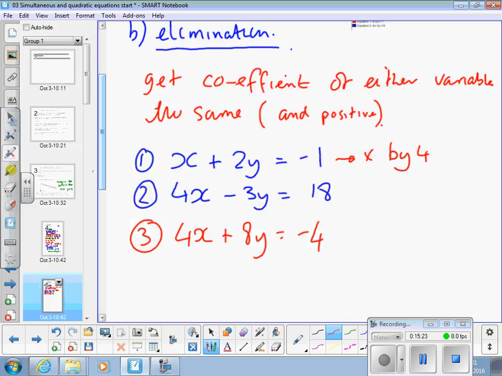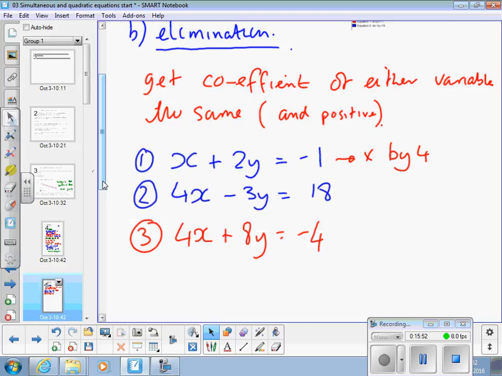Everyone agree with that? Because I am known to make mistakes. Usually deliberate ones. What do we do now? How can we make x disappear now?